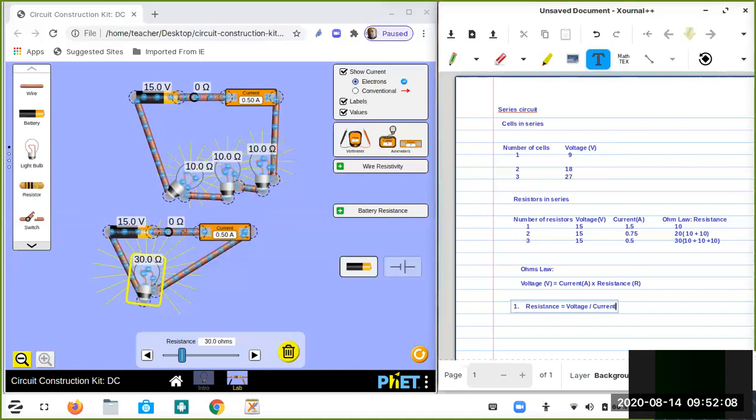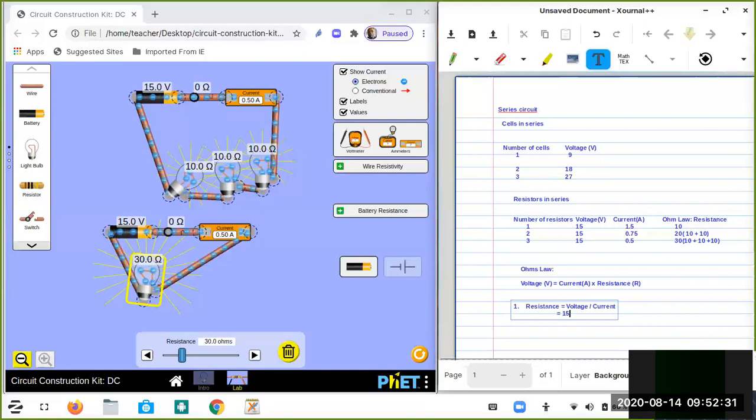Now, using the first diagram there, how much is our voltage? I'm using the table here, right? So there we have 15 volts.